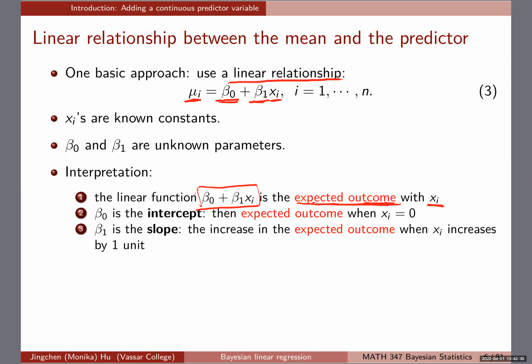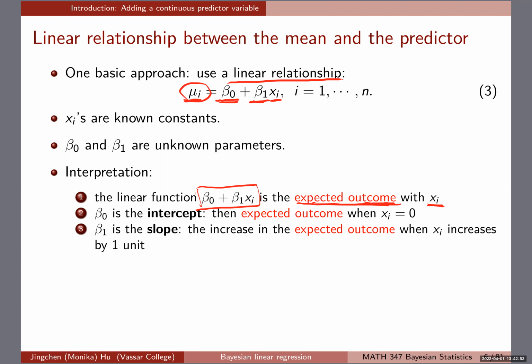Usually we use mu to represent a mean, or expected value, and now we have an index i, so we're looking at the expected outcome given xi for this observation yi.